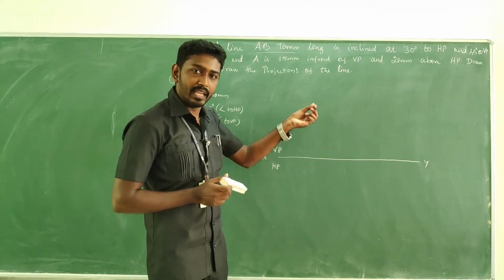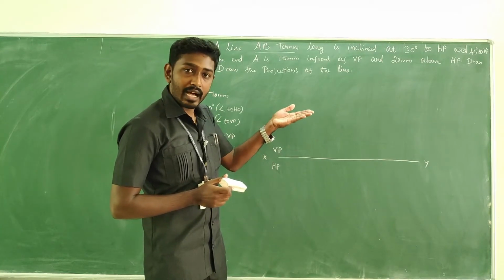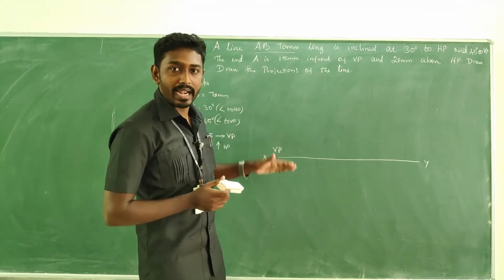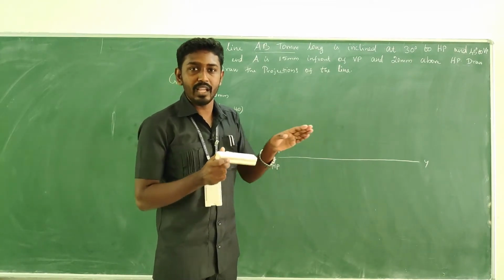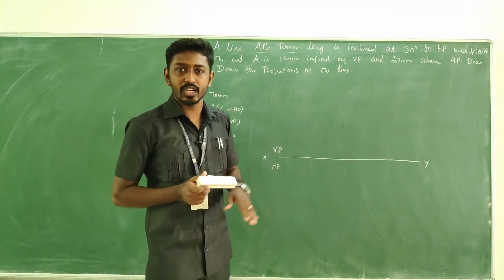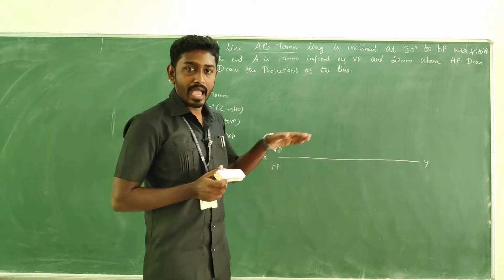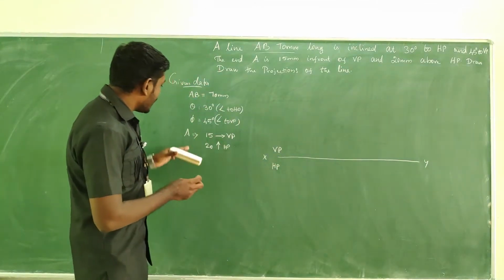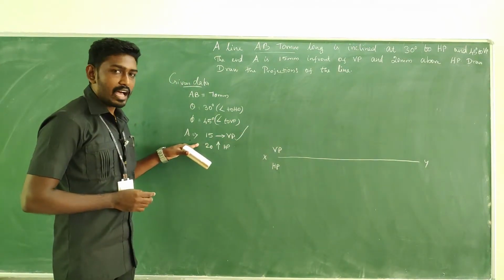If AB is the line, we must find the locus for A and B in the front view and the top view. So we have 4 loci. It should be our first focus in constructing the final front view and final top view of the line. Here is the data regarding the locus.